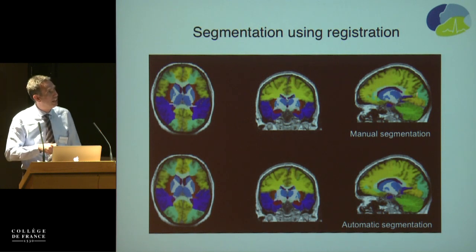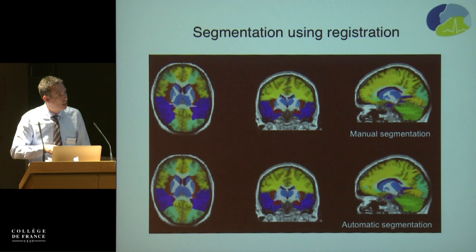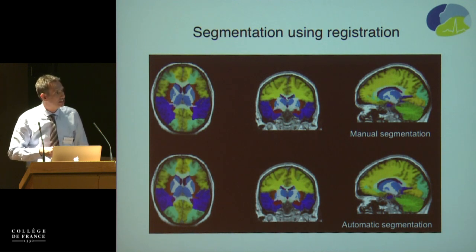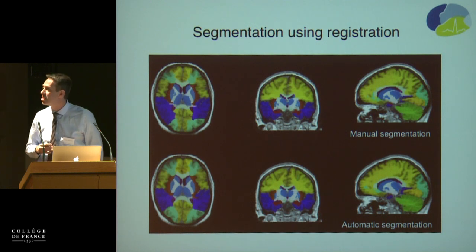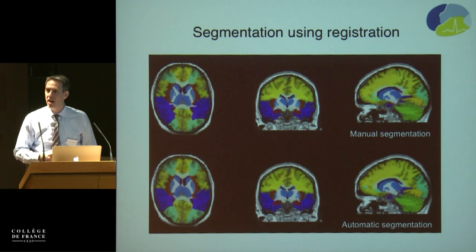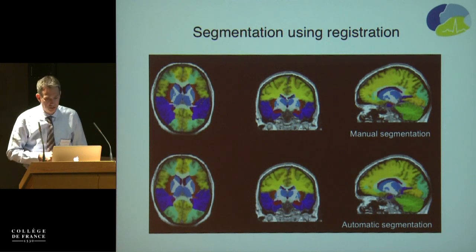So I'm comparing here a manual segmentation with an automatic segmentation, and you can see that that actually does reasonably well. If you look into details, you will spot some errors. So this is not quite good enough for clinical use.